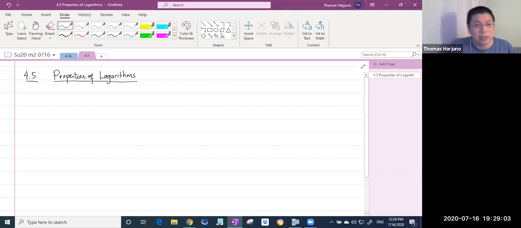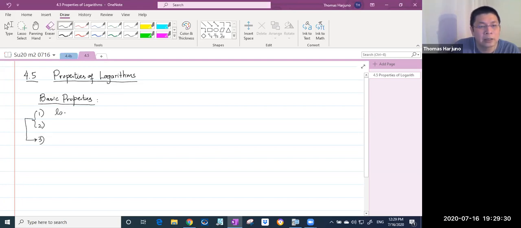There are some basic properties that I already mentioned yesterday. It's actually only two basic properties, but the first two are actually special cases of the third one.